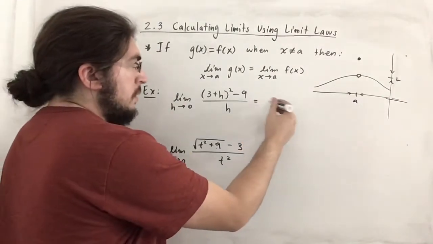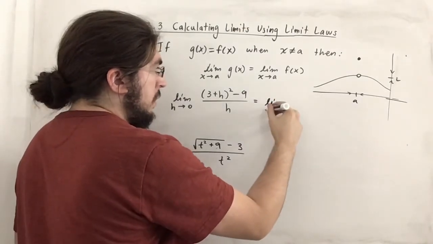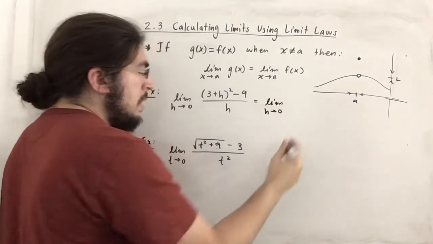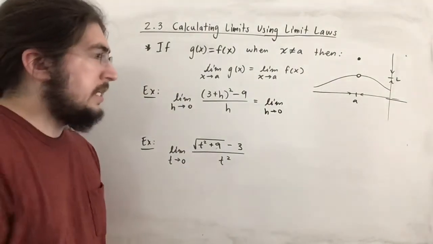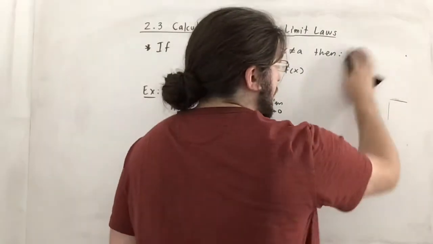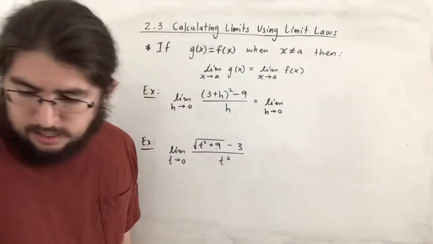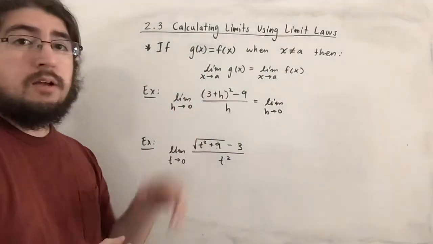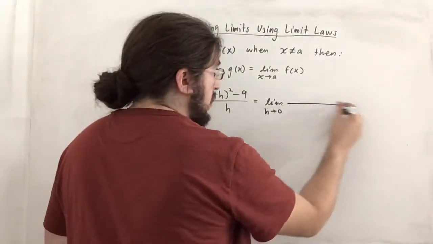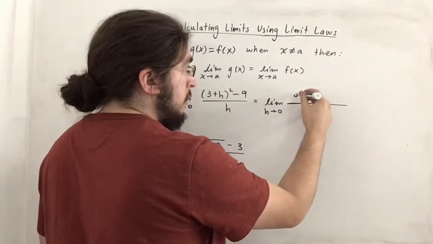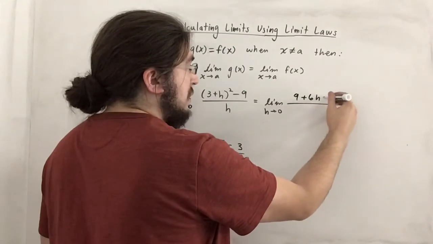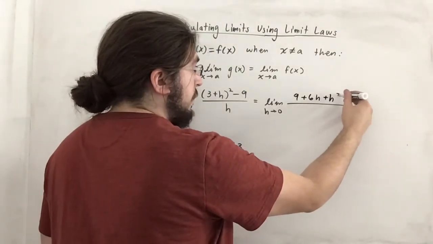So what I'm going to do is still be in the limit here, but try to expand things out and manipulate the inside expression as much as I can. Let me erase this for room so that the denominator hopefully goes away. Notice on top, if you expand 3 plus h squared out, you'll get 9 plus 6h plus h squared.